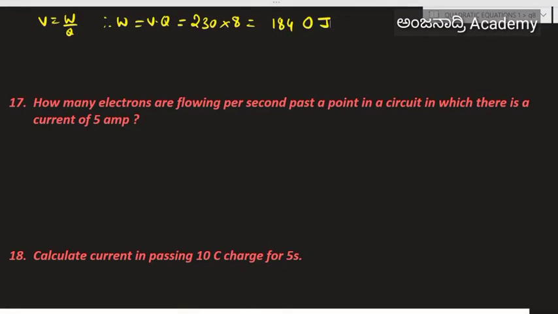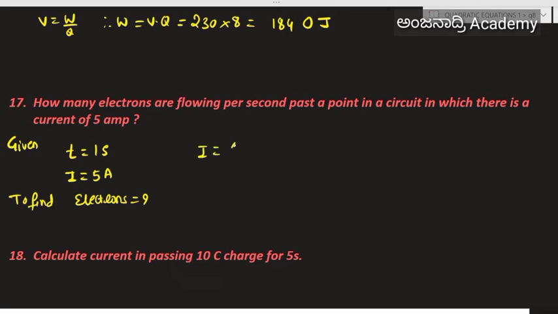How many electrons are flowing per second past a point in a circuit in which there is a current of 5 ampere? Time is equal to 1 second. I is equal to 5 ampere. To find electrons is equal to question mark.